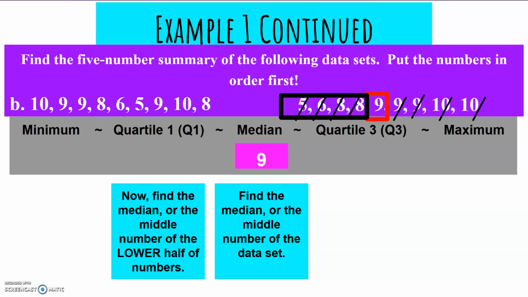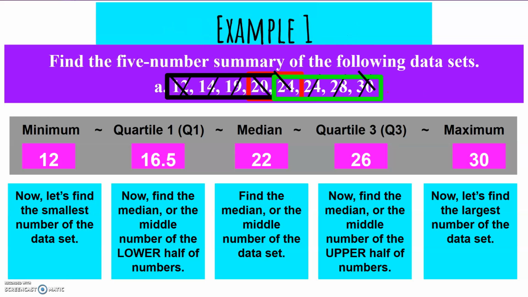Now let's find the median, or the middle of the lower half. Now here's something really important. When you're finding quartile 1 and quartile 3, do not include the median if there is a single median. If I were to go back here, when we were finding our quartile 1, we included the 20 because it was part of the lower half.